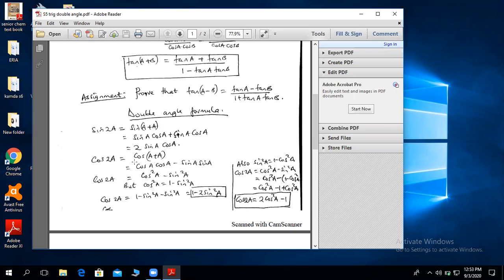Cos 2A will be the same as cos(A plus A), which is cos A cos A minus sin A sin A, because here there is supposed to be B, but because it is 2A, I put there A. These two are the same.